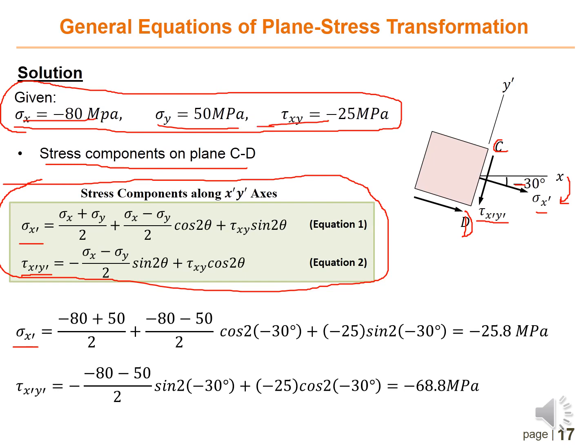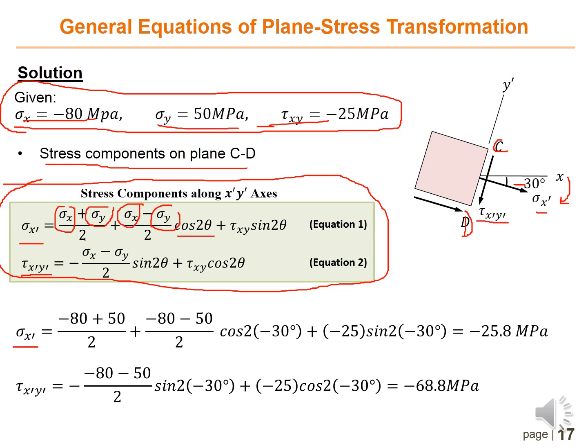So we have sigma x prime equals negative 80 plus 50 divided by 2, plus negative 80 minus positive 50 divided by 2, multiplied by cosine 2 theta.